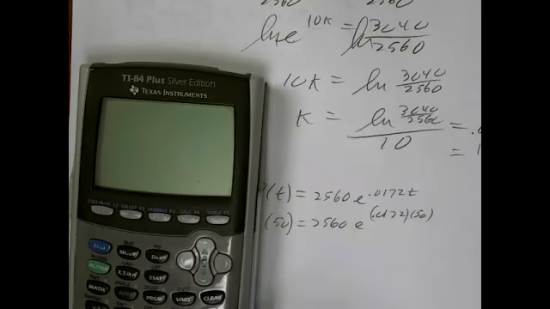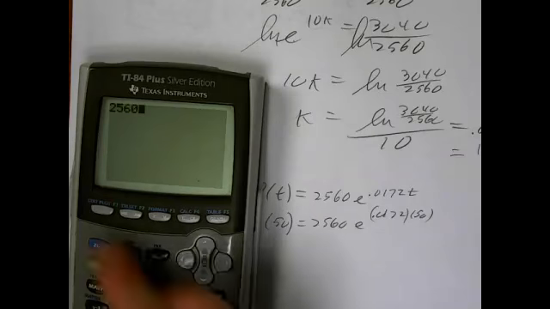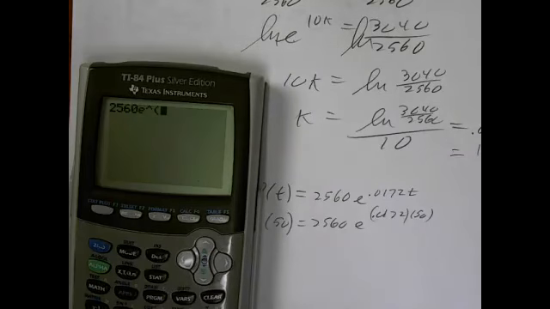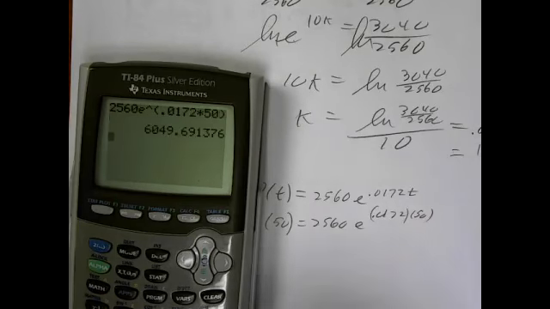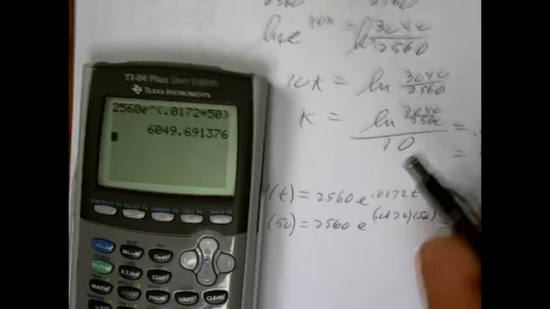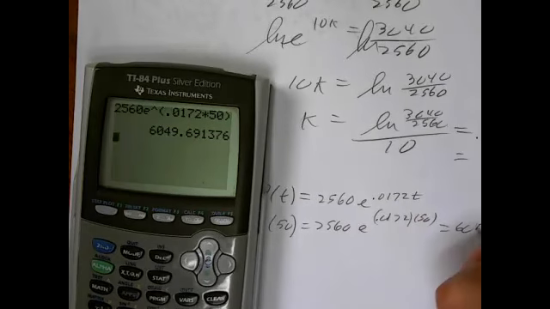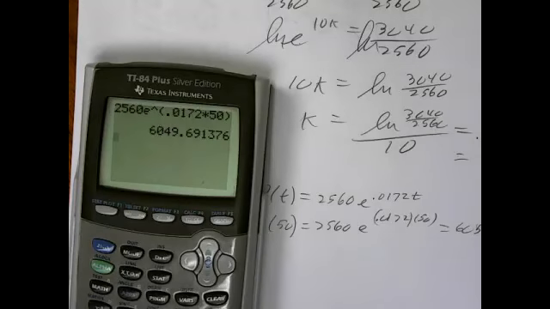And calculate. So I'm going to have 2560 e to the power 0.0172 times 50. And from that, I get 6,040, and might as well round it off, 6,050. And then again, remember, everything's being done in millions.